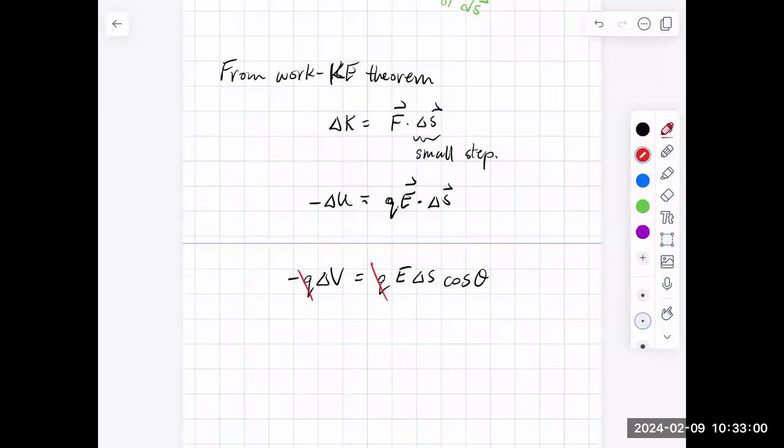That's really the advantage of defining this electric potential and the electric field as being independent of this little Q, because now we get these cancellations. So then we have delta V equal to minus E cos theta times delta S.